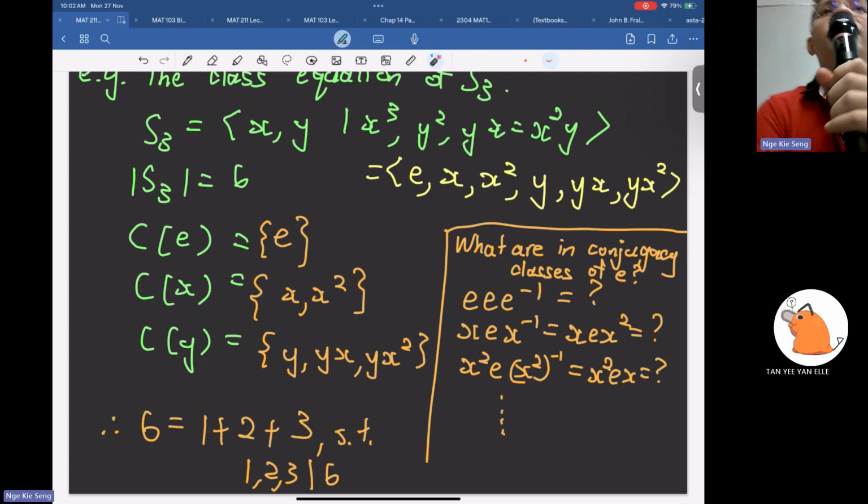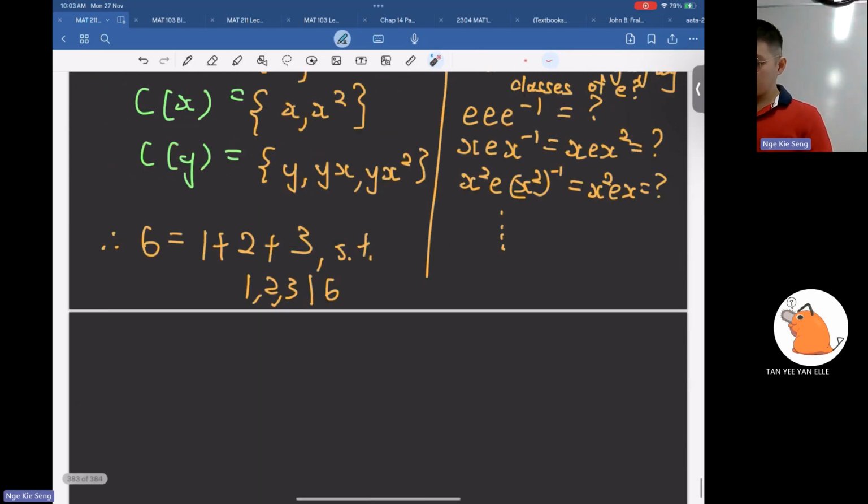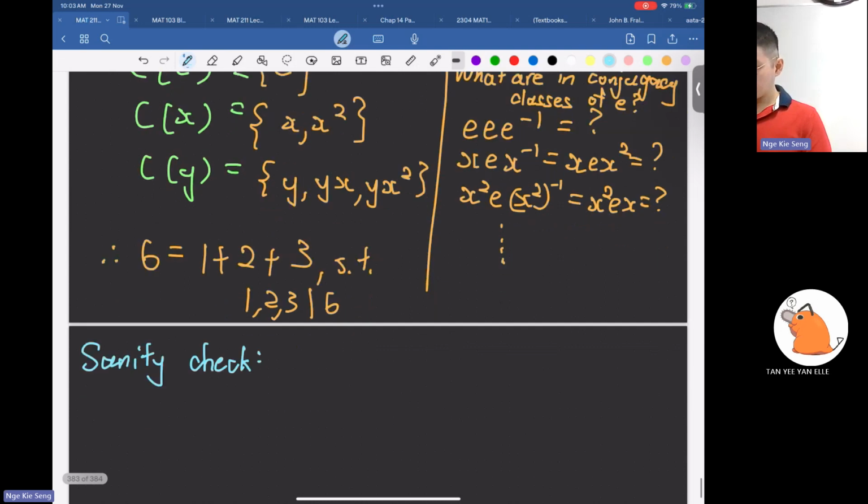Sorry. Compute CX, just as a sanity check. Let's check what CX is. If CX is wrong, CY would have to be recomputed.